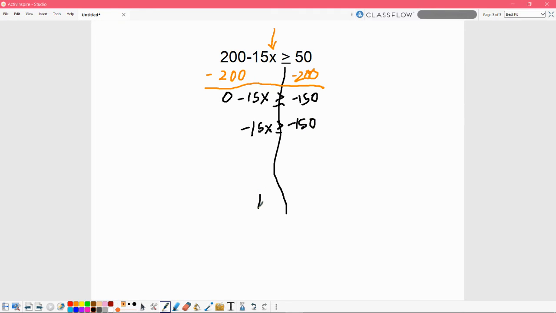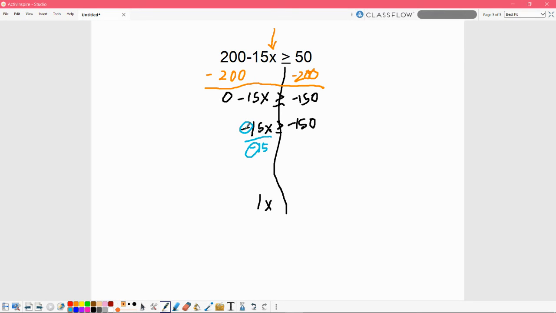And my goal is to figure out how much 1x is worth. Okay, so kind of the same thing here. Since I have negative 15 of them, to get to 1, I'm going to divide by negative 15. And notice that I am dividing by a negative symbol here because it is a negative up here.